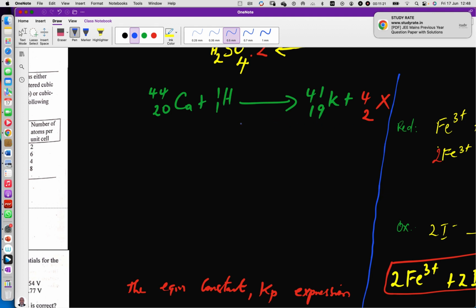What has been lost? The total from here is 45 and 21. 45 minus 41 will give us 4. Then 21 minus 19 will give us 2. So there we have a mass of 4 and atomic number of 2.